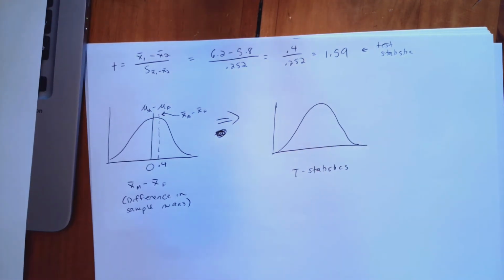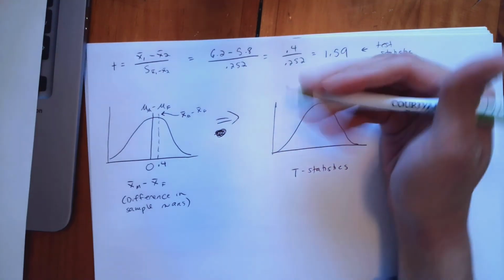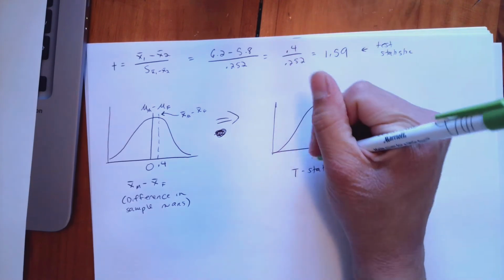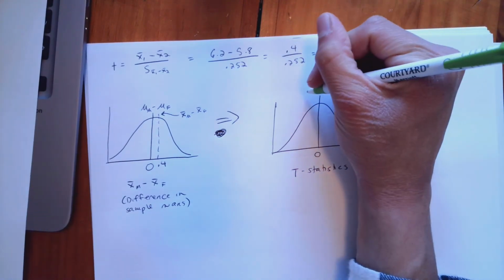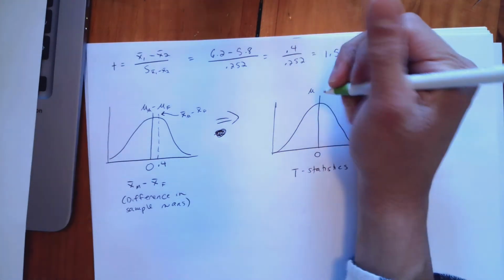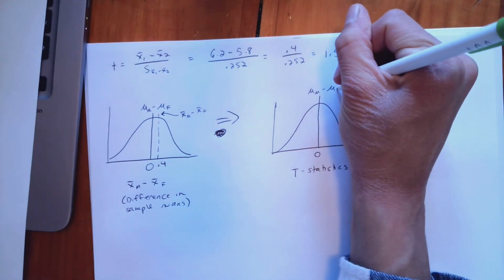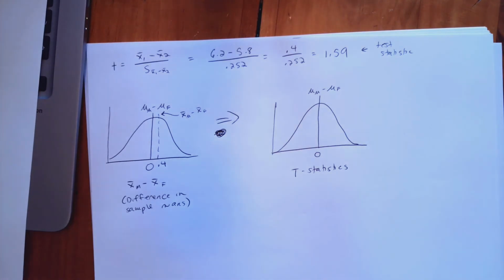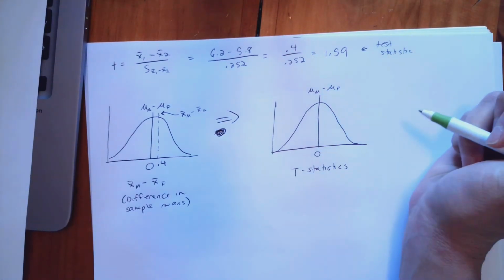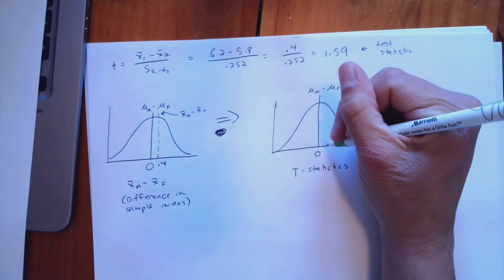So same idea as converting a normal distribution into a standard normal distribution with z-scores. Our only difference is that here we have t-distributions, and so we have t-statistics on the bottom here. And so our mean stays the same, because here it's already 0. But now we can plot our sample in terms of this test statistic that we found.